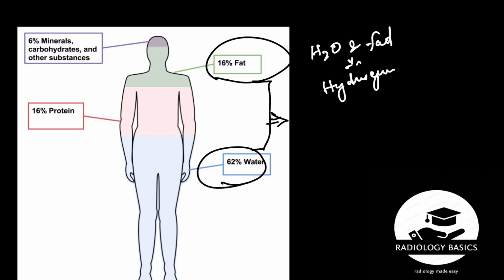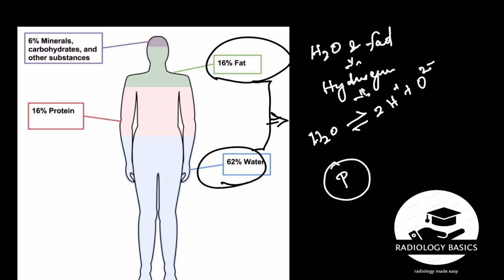Let us consider H2O. When it reacts, it produces 2H plus and O2 minus. So the hydrogen atom contains one proton and one electron. This electron will be given to the oxygen molecule.